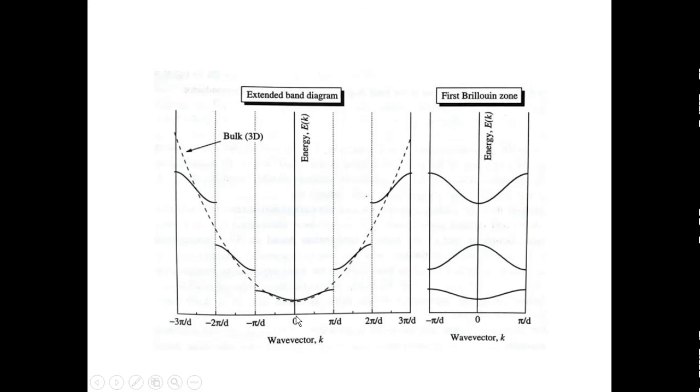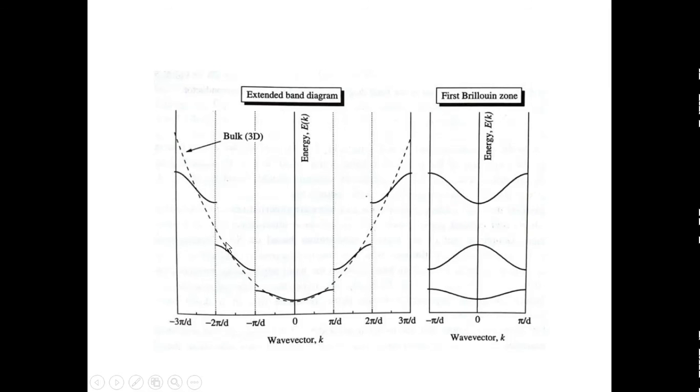Similarly, from minus pi by d to plus pi by d is the first Brillouin zone. From plus pi by d to plus 2 pi by d, again we have a Brillouin zone. Similarly, from minus pi by d to minus 2 pi by d, there is a Brillouin zone.